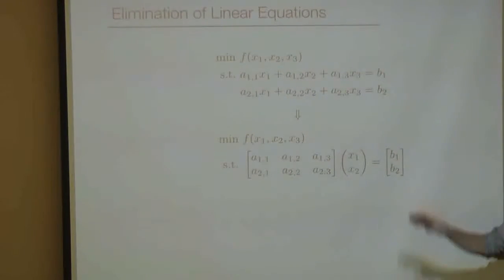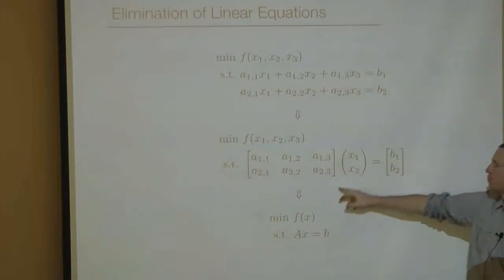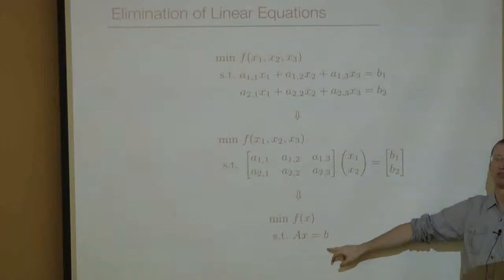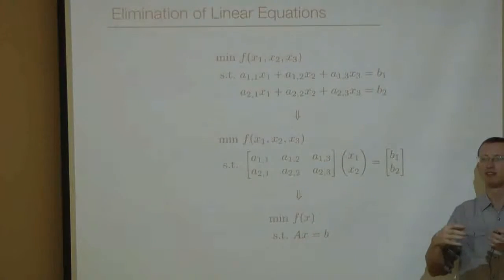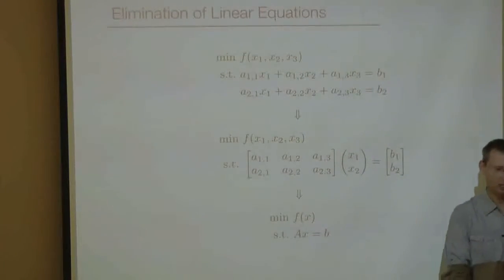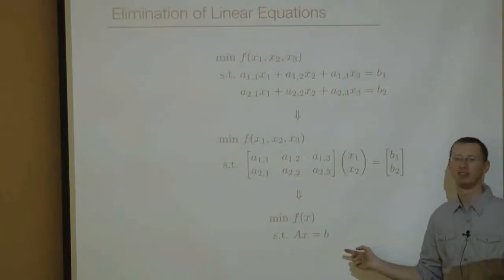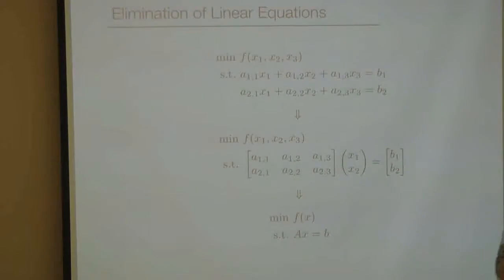Okay? So this just shows that we typically write the problem in this form, that we compactly summarize the equalities into Ax is equal to b. Okay? This assumes that all constraints are linear.